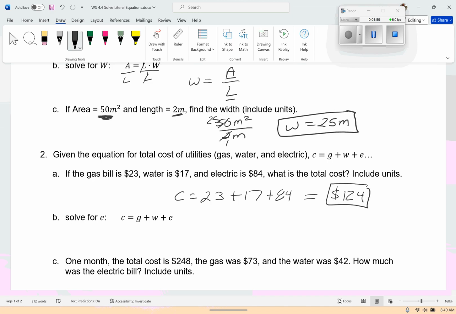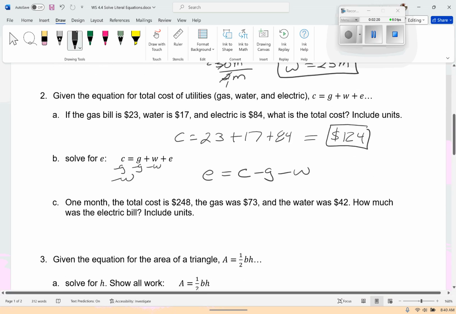Now they want us to take that same equation from above and solve for E. So I'm going to subtract G from both sides, and I'm going to subtract W from both sides. So that's going to give me E equals C minus G minus W, where C is the cost, G is the gas price, W is the water. I can then plug into this equation.